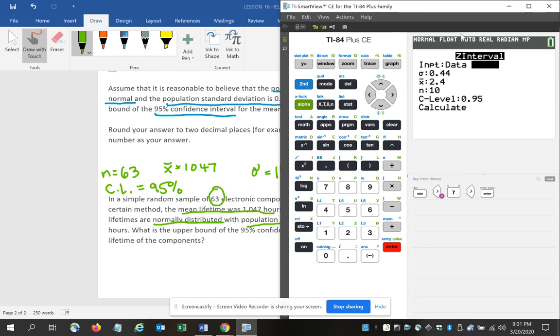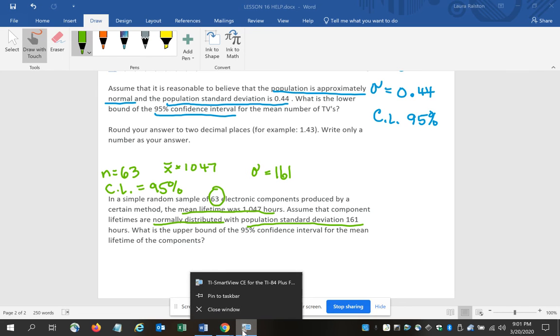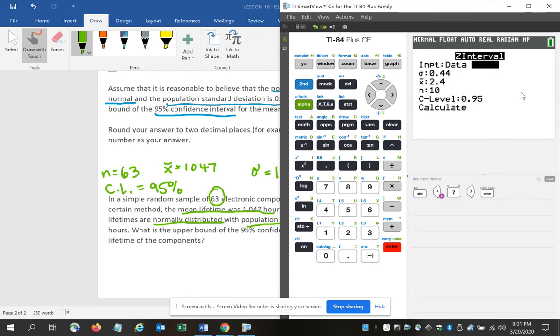And I want to make sure I remember the population standard deviation correctly. So let me minimize this for just a minute. 161. Okay, so I'm going to pull the calculator back up. My population standard deviation is 161. The sample mean given in the problem is 1,047 hours.